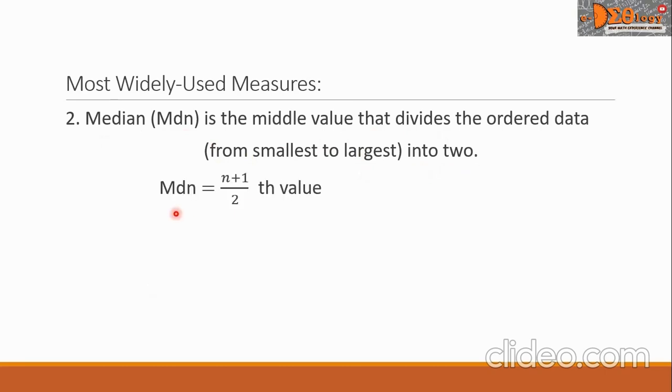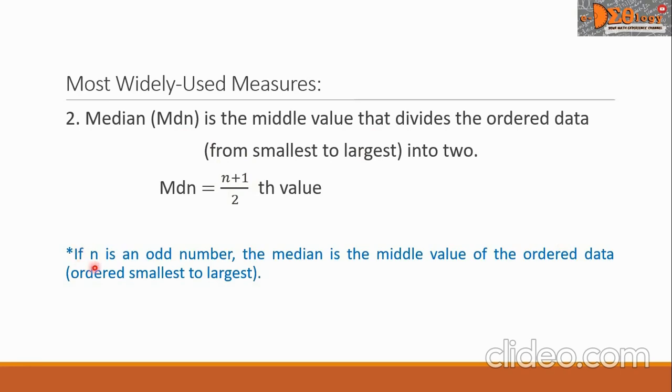We are going to use this formula, MDN equals (n plus 1) over 2. But take note that this formula will only describe the position of the median. If n is an odd number, the median is the middle value of the ordered data from smallest to largest.